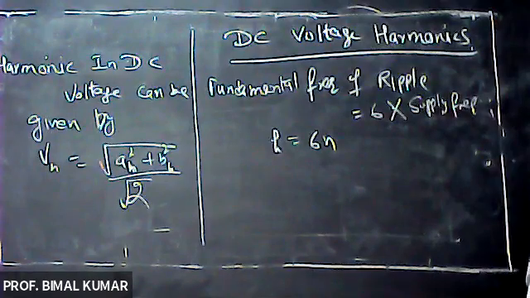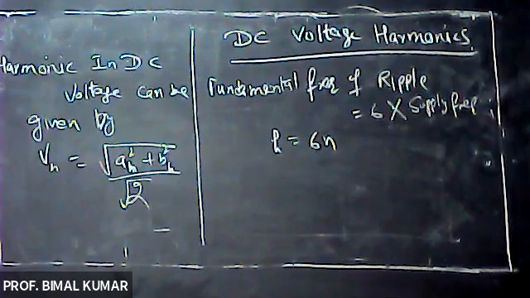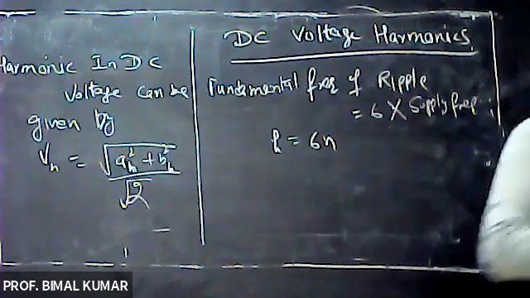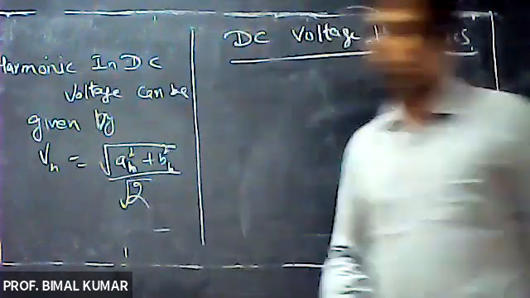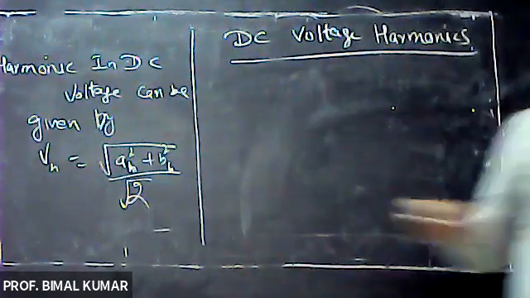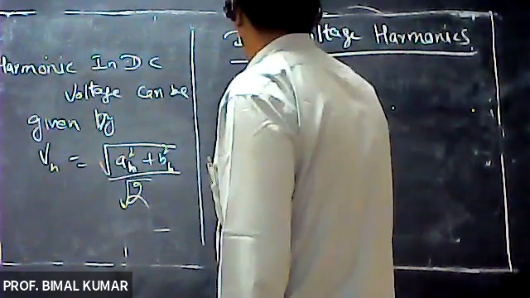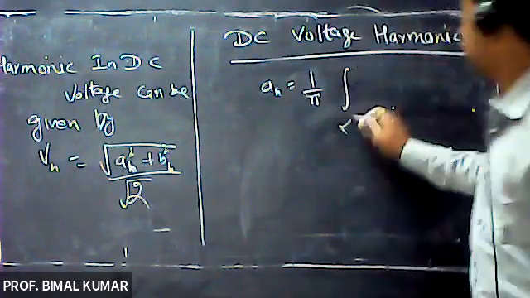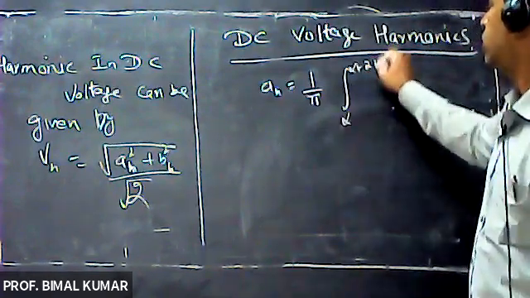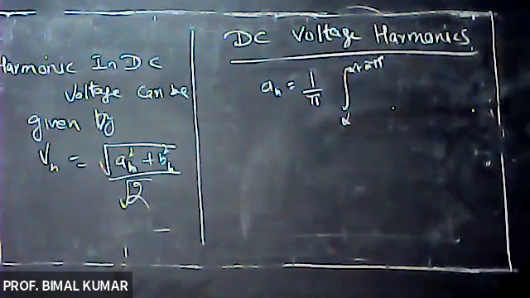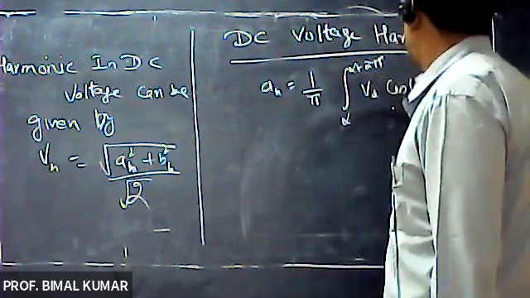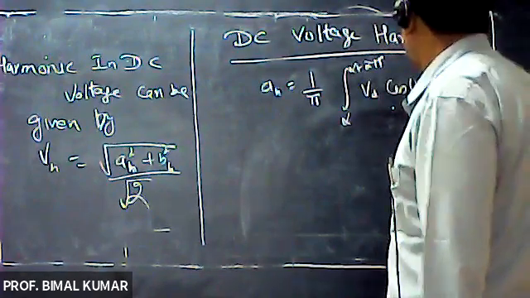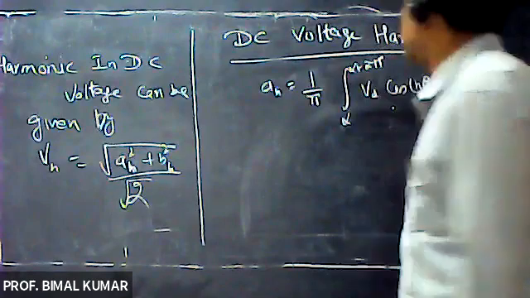This a_h and b_h may be calculated from the Fourier series. a_h is equal to 1 upon pi integration from alpha to alpha plus 2 pi of V_d cos h theta d theta.